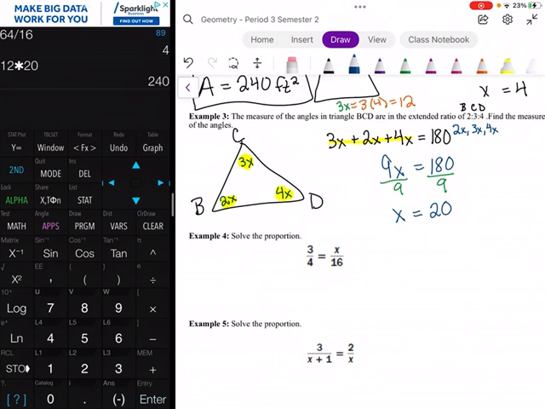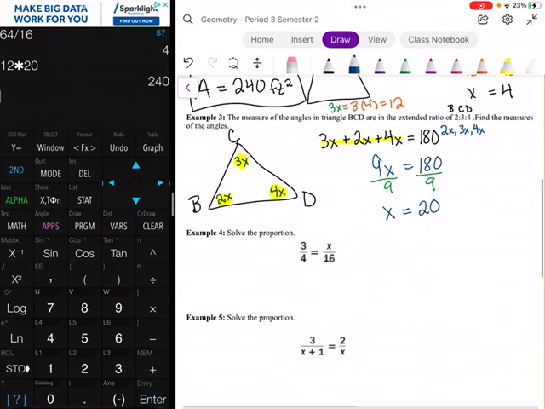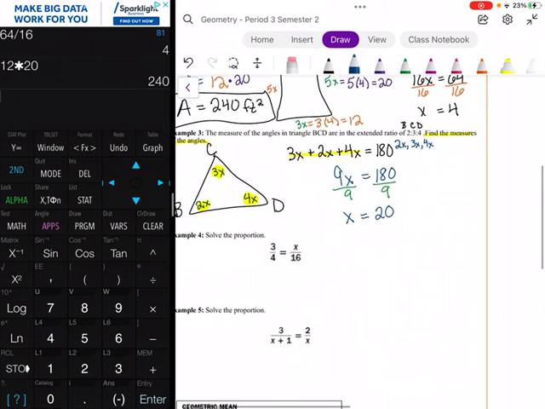And we want to make sure we're answering the question they give us. So they want us to find the measures of the angles. So then we're going to take that and plug it into all of the expressions we have. So we know the measure of angle B equals 2x. So that's going to be 2 times 20, which equals 40. The measure of angle C equals 3x.